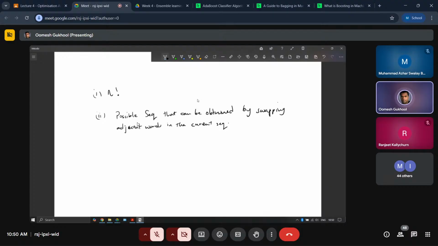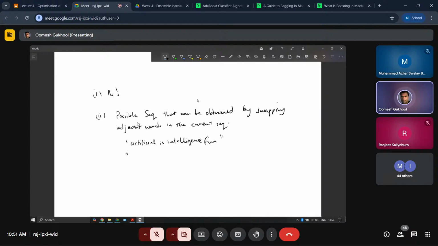So if you want to give an example, a neighbor of artificial intelligence is fun: you can say artificial is intelligence fun.